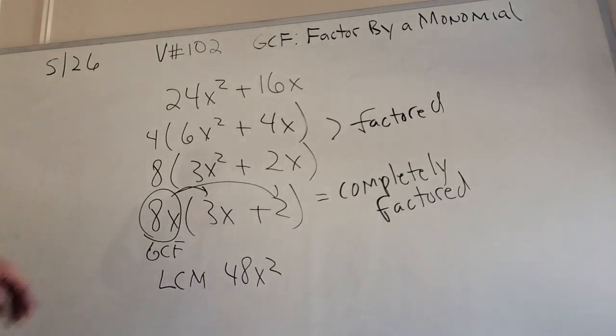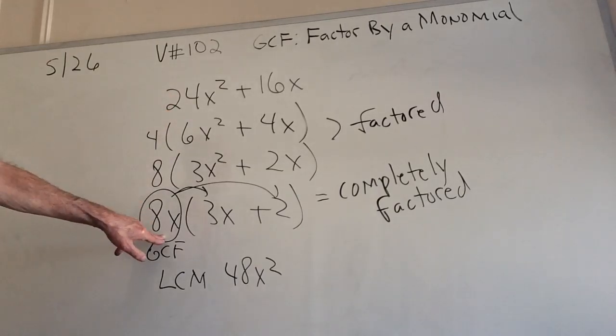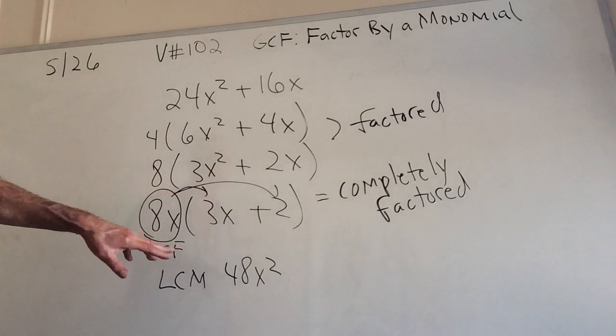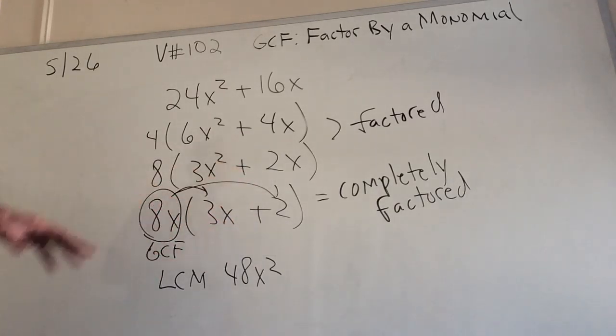There's your LCM. And the basic thing that you should see here is you can treat polynomials, algebraic expressions, just like numbers. They turn out to be equivalent. Just the same exact ideas come up. And what I just did, by extracting the 8x, which is the biggest number and the highest x that everything shares, is I factored this.